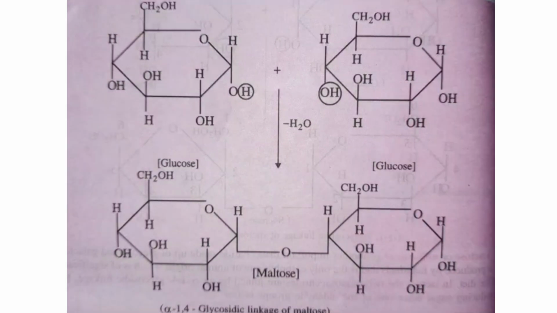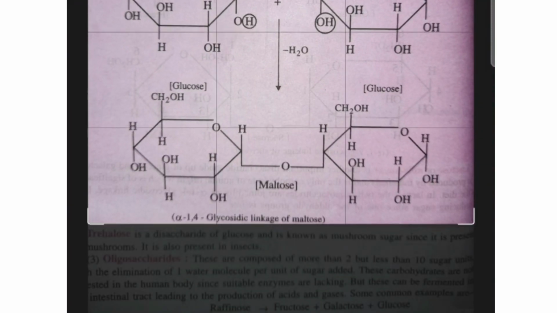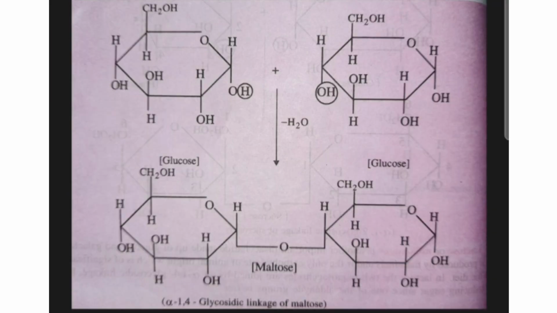So now let's go forward to see how maltose is produced and how the structure has been formed. First we are going to discuss the structures of glucose, actually the Haworth structure.